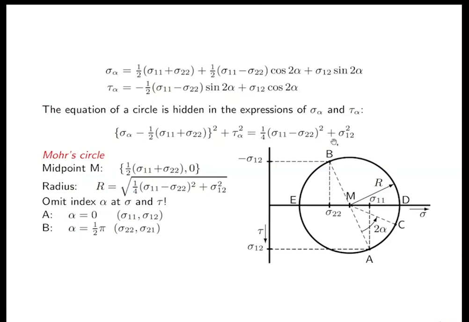The radius is a little bit more difficult to remember, but graphically, when you take the midpoint, sigma 1,1, and the shear stress, then you again have a triangle, and this is the triangle which I showed you on my whiteboard. This is the Pythagoras: radius squared equals shear stress component squared plus the distance from sigma 1,1 to the midpoint squared.